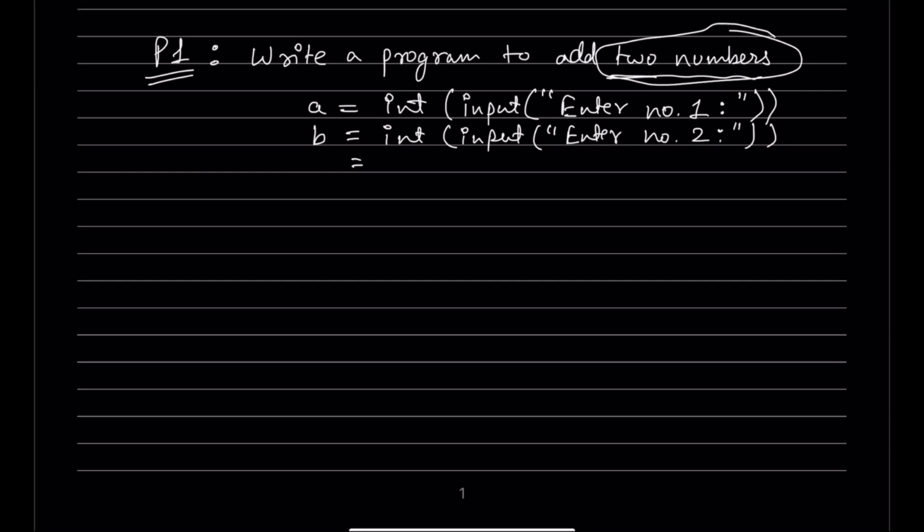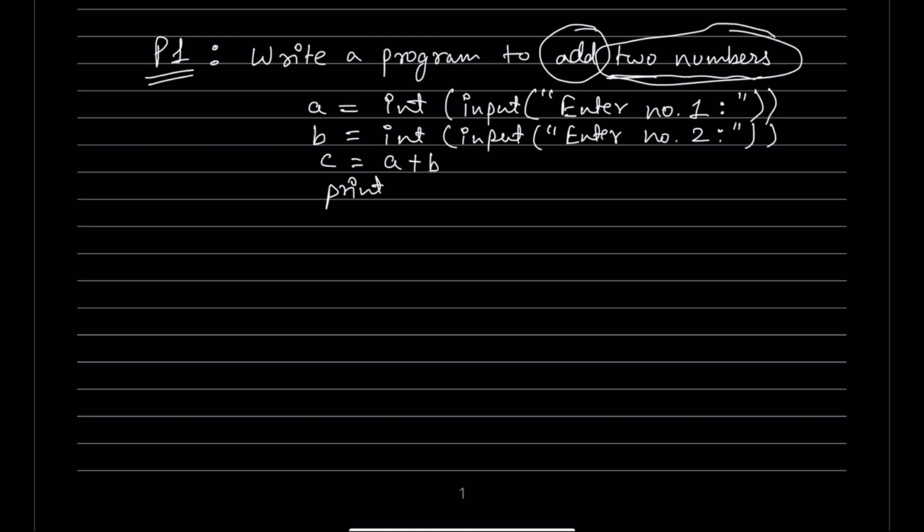In the program, they are asking to add two numbers. So in order to add two numbers, you need to use the addition operator. So I can write a plus b. In order to store this value, you can use another variable, that can be c, d, e, f, whatever you want. After the calculation part is done, you need to print the value out, right? So in order to do that, you can use the print command.